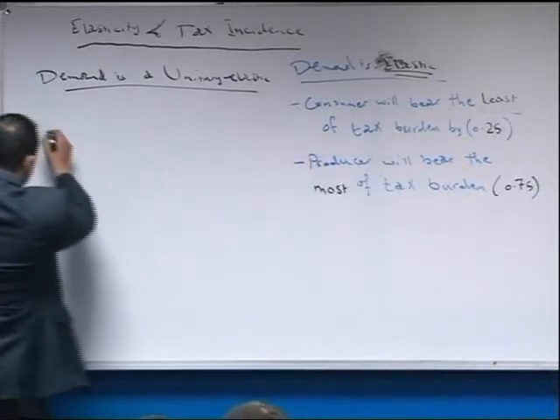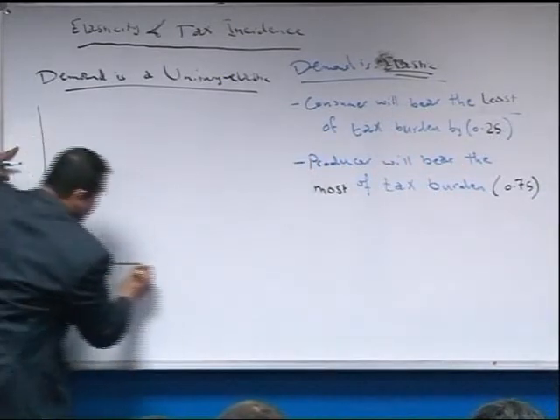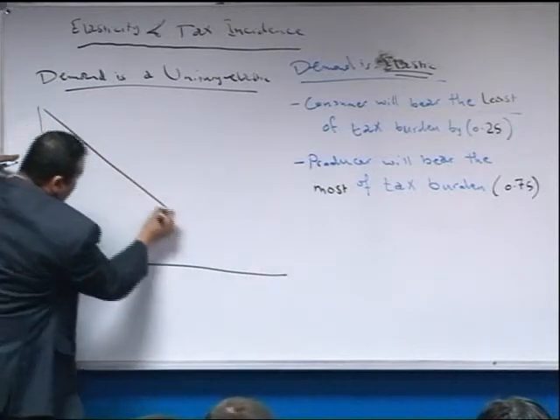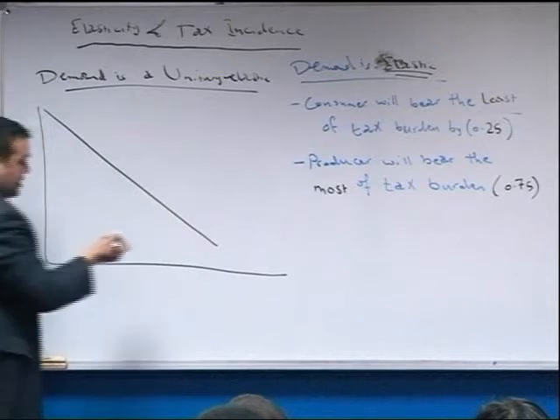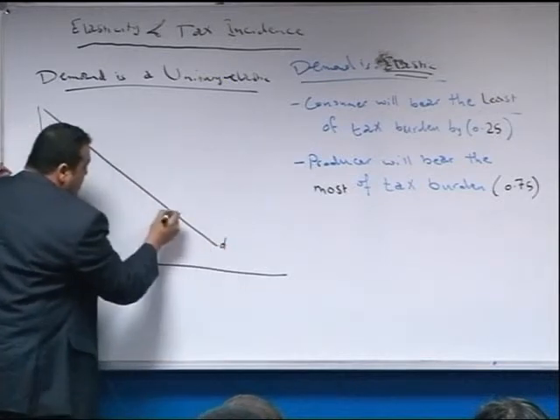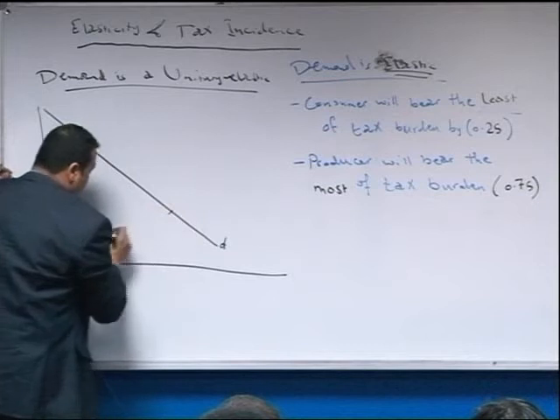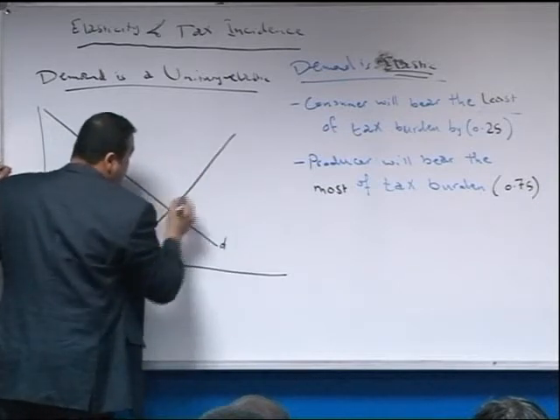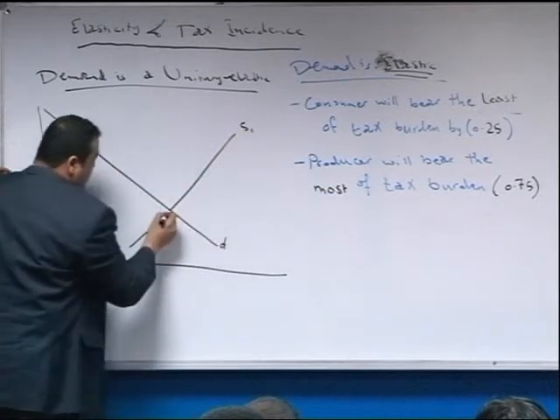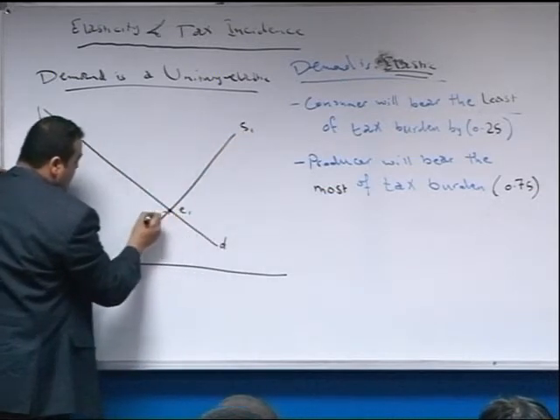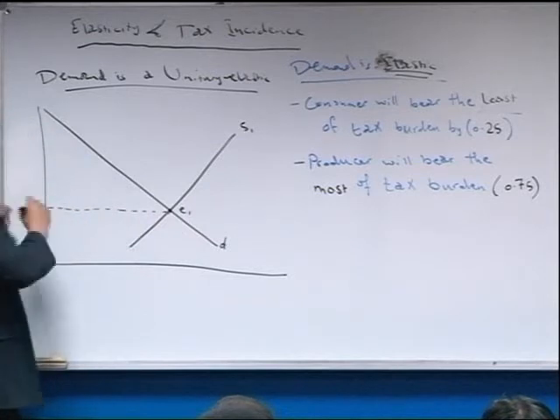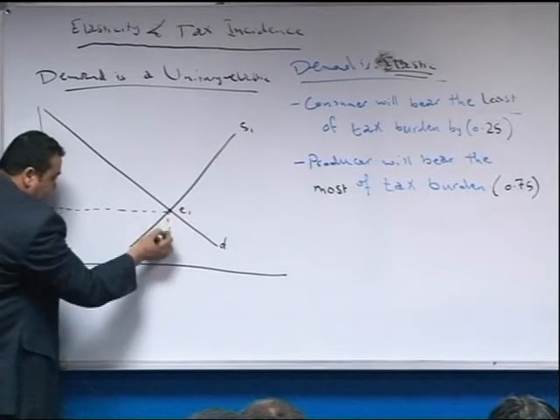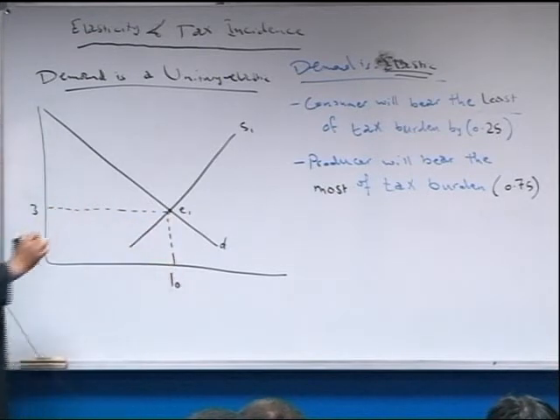So, suppose that the demand is unitary elastic. The slope equals 1. This is E1, supply S1. And suppose that the price equals 3. Quantity demanded is 10. Right?